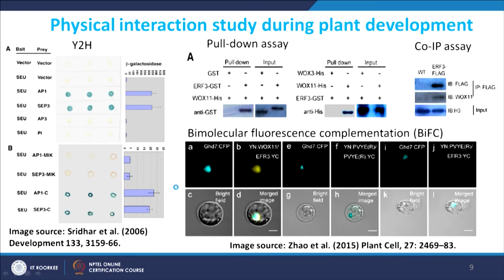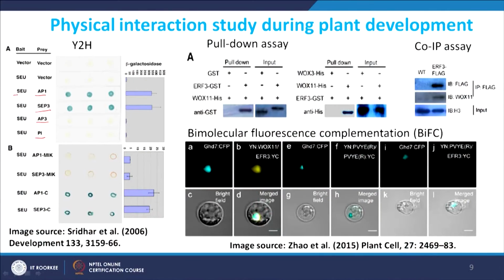So, here are a few examples of this protein-protein interaction. For example, if you look at AP1 and SEPALLATA3, AP3, PI, you will study in the next class. They are very important genes which are regulating floral organ development in Arabidopsis.